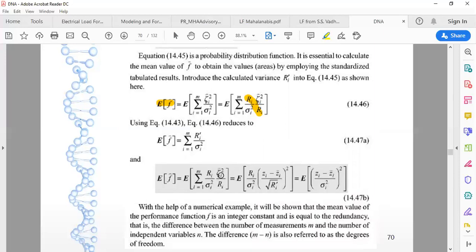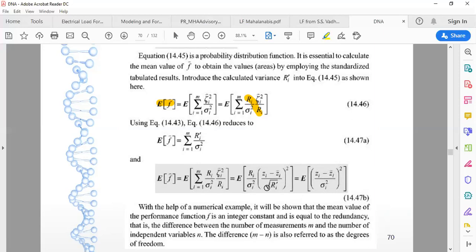Now instead of this it is Ri into Ri square. It's zeta i square divided by Ri. Now let's take it outside of this. Instead of zeta i error, we can write that it is actual value minus the expected value and divide by under root of Ri square, or this is covariance over here.